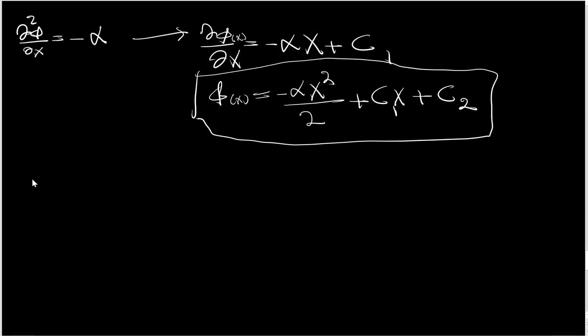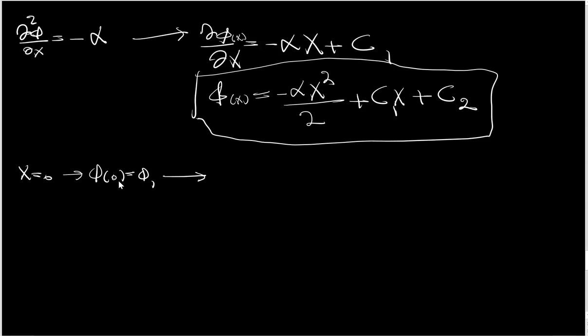So if I plug in the boundary condition information here, let me find a solution for you. At x equals 0, I know that phi 0 is phi 1.